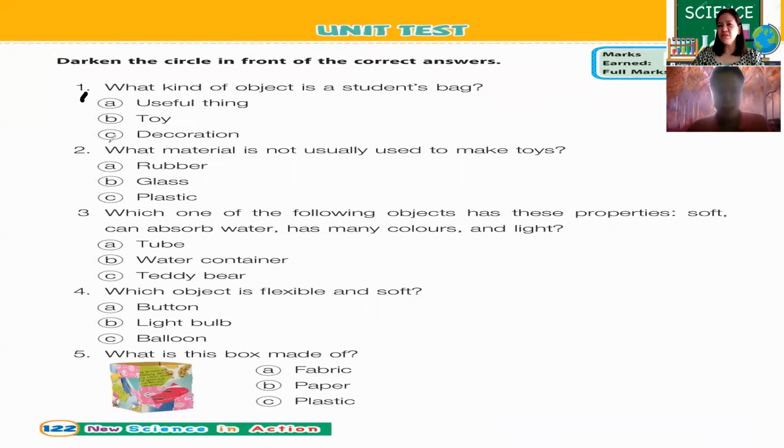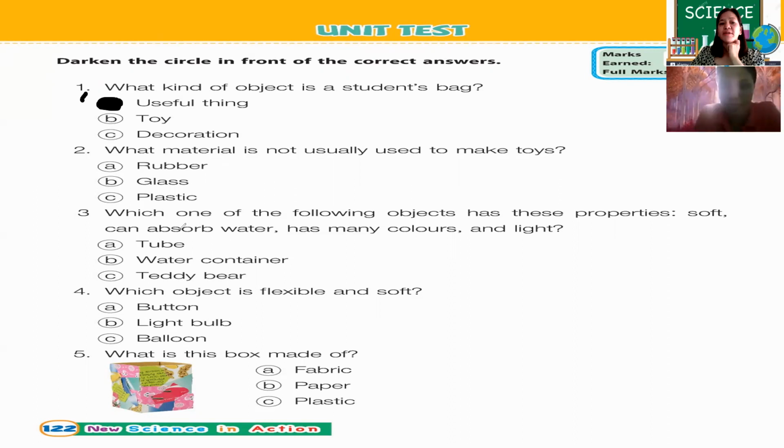Do you use your bag as a toy? No. So the answer is useful things, because we use it to put our books, notebooks, and pencils inside our student's bag. So it's a useful thing.